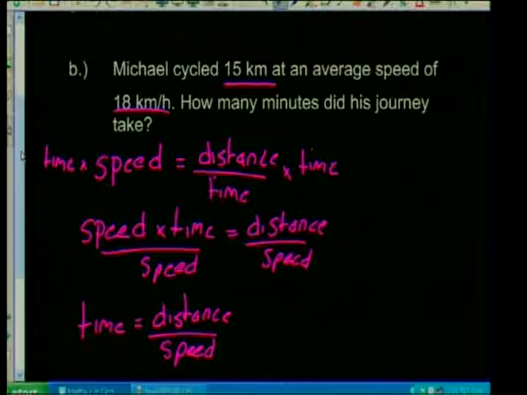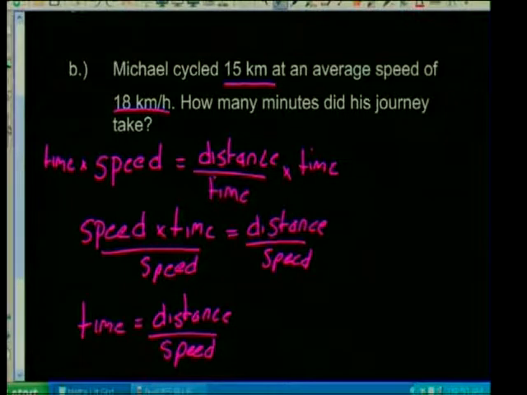Now, he's cycling 15 kilometers in total, and his speed is 18 kilometers per hour. Am I expecting an answer that is more than an hour or less than an hour? He's traveling less than 18 kilometers, so I'm expecting a number that is less than 1. If I get an answer of more than 1, then I've made a mistake in which ones I've divided.